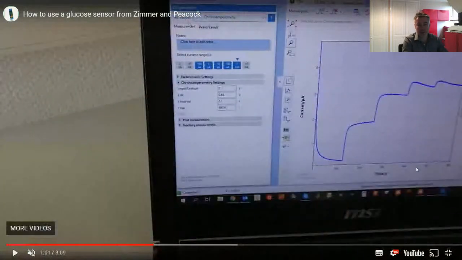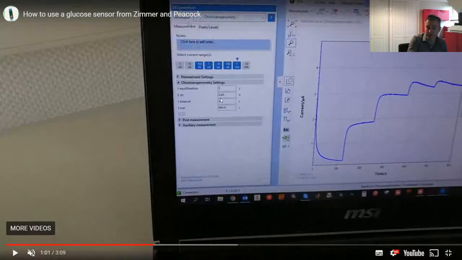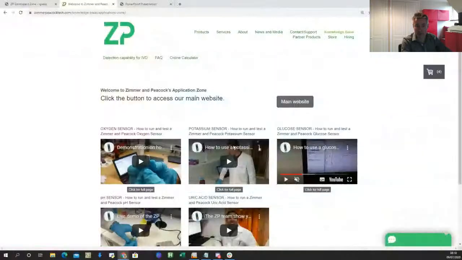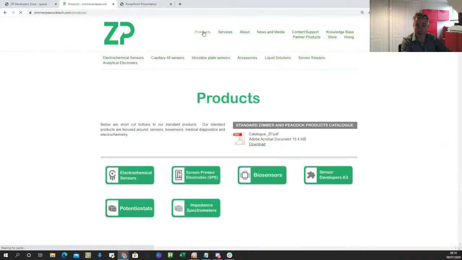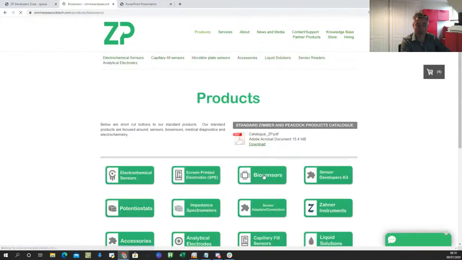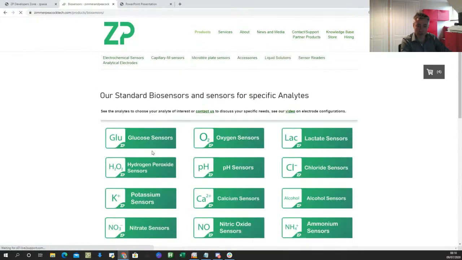And the reason I'm pausing here is it says here, I am applying a voltage of 650 millivolts to that sensor. What it means is that, when I was showing you the drawing earlier on, that 650 millivolts was between the reference electrode and working electrode.